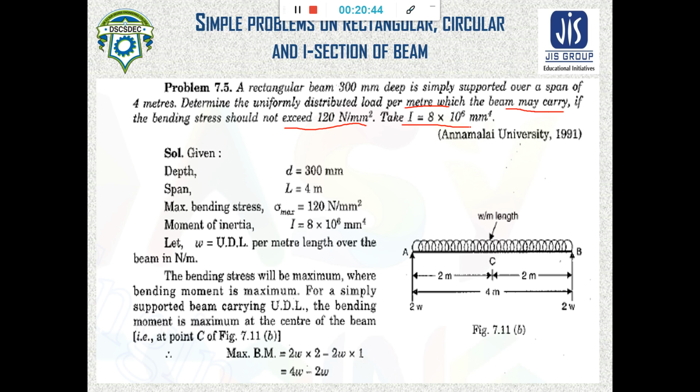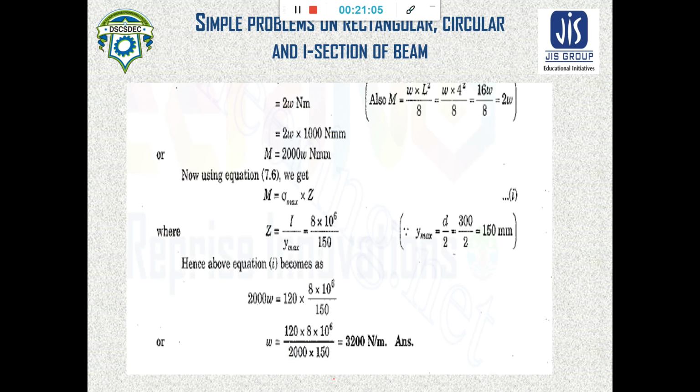So maximum bending moment is 2W into 2 minus 2W into 1, that would give us 4W minus 2W, that is 2W Newton meter.